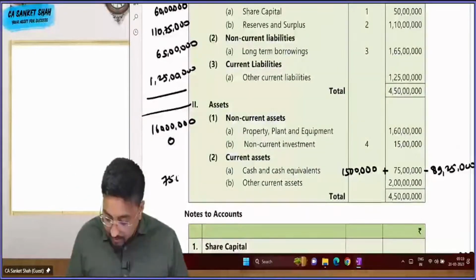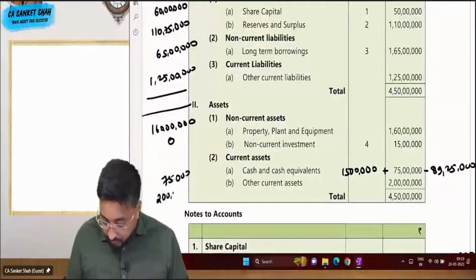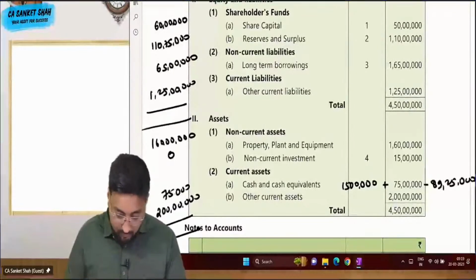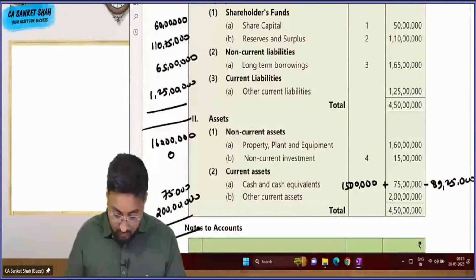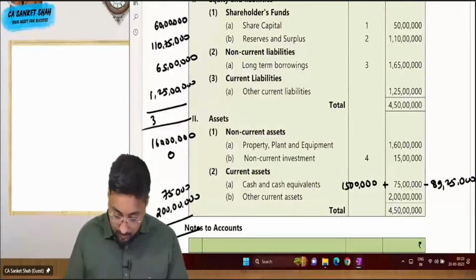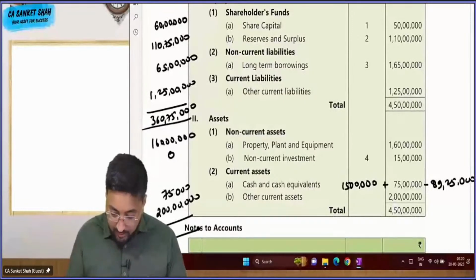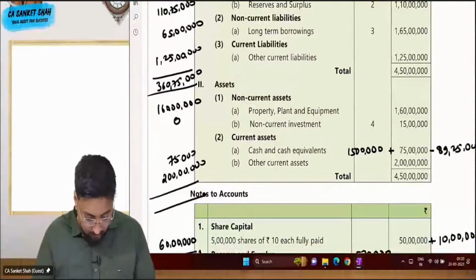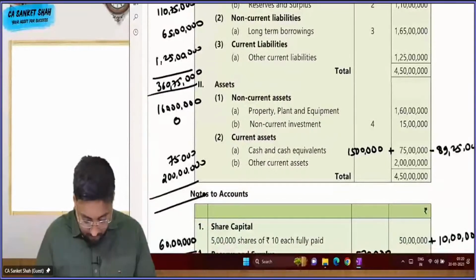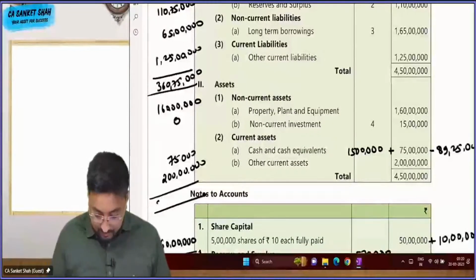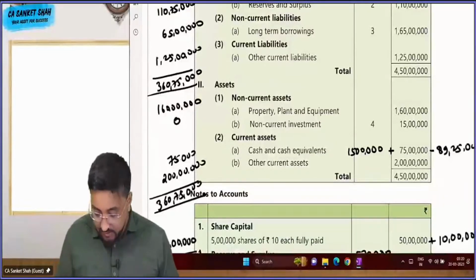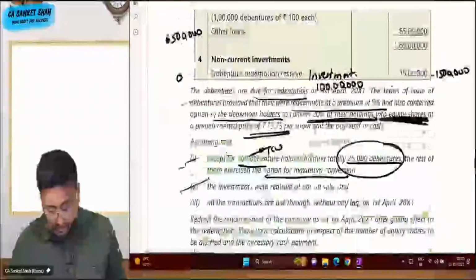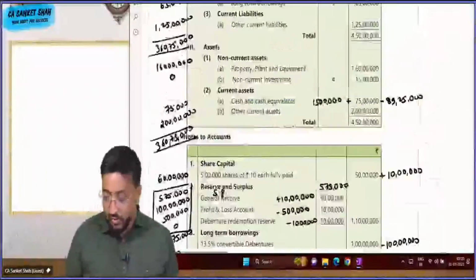Cash and bank balance 75,000 and 2 crores. Total 3 crore 60 lakhs 75,000. Let's check it. Yes, this is how you are going to tally your question.